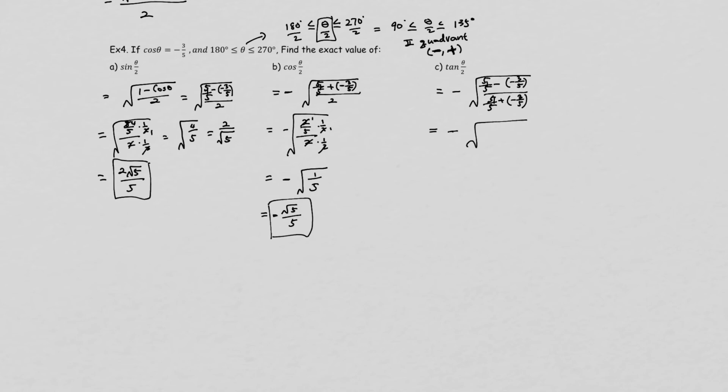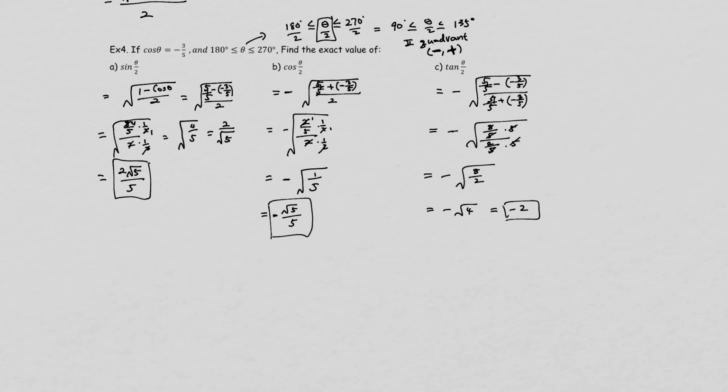5 plus 3 is 8. And 5 minus 3 is 2. And when you multiply numerator, denominator by 5, you get negative square root of 8 over 2, which is square root of 4. That's negative 2.